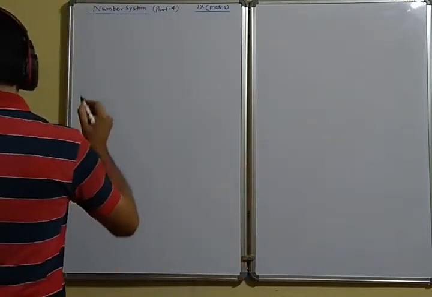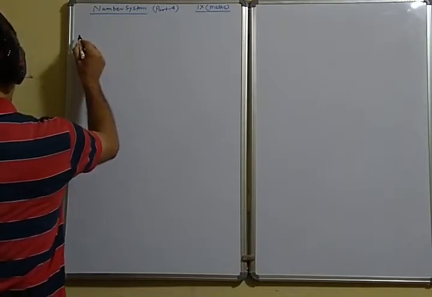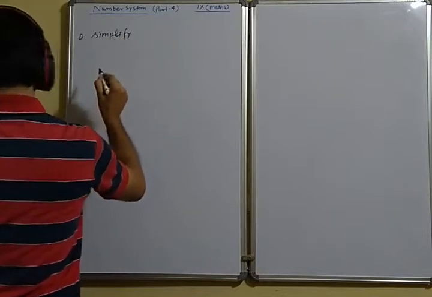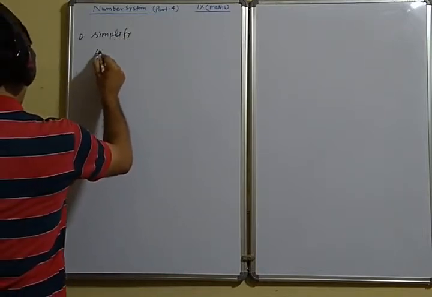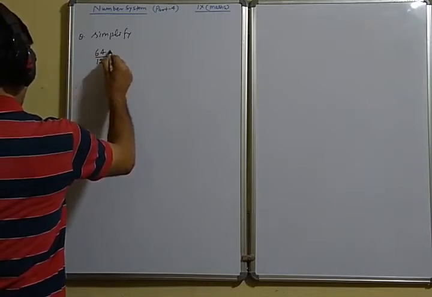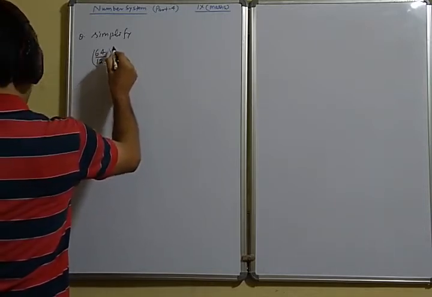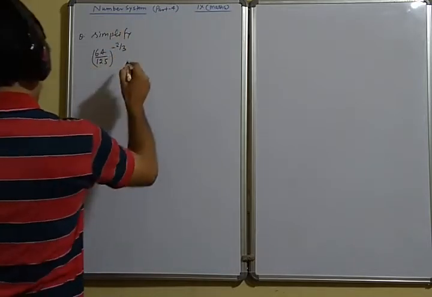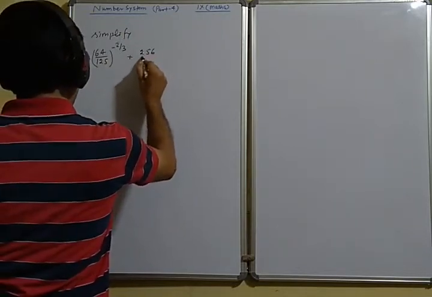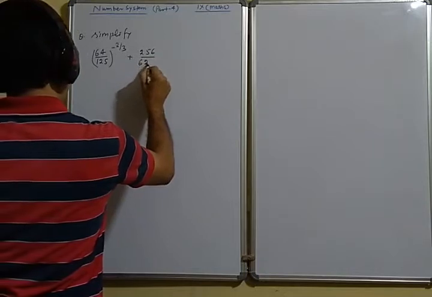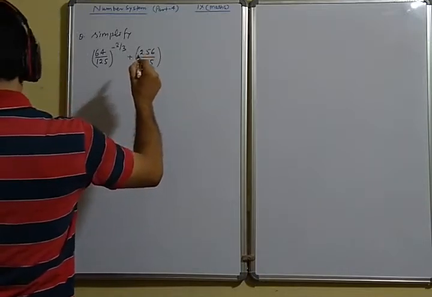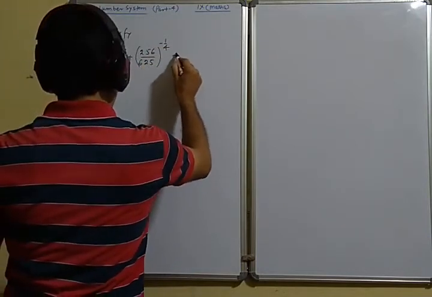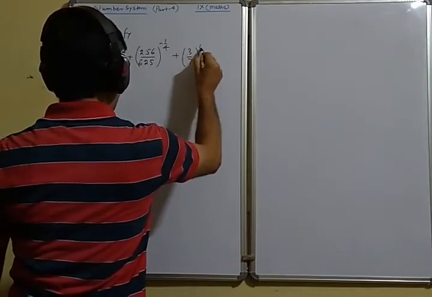Simplify: 64 by 125 raised to power minus 2 by 3, plus 256 divided by 625 raised to power minus 1 by 4, plus 3 by 7 raised to power 0.